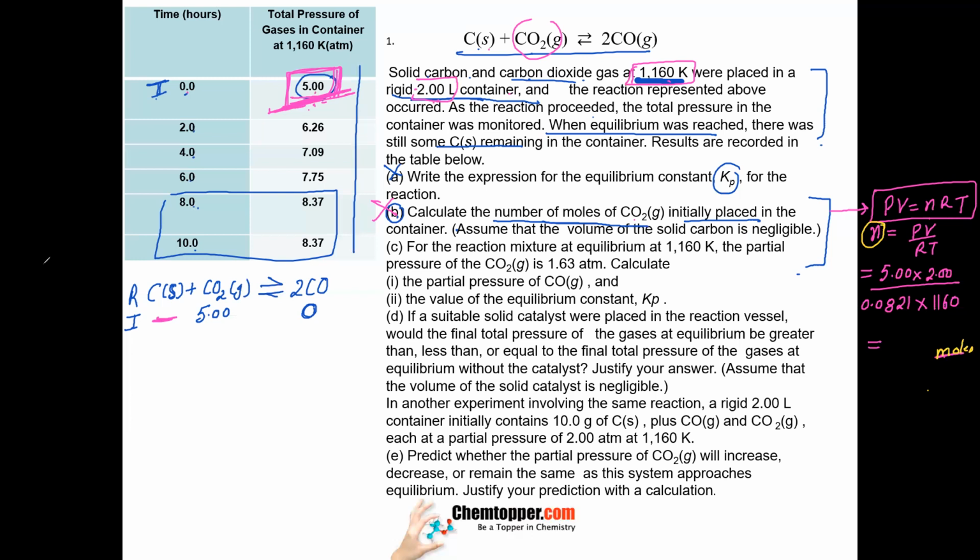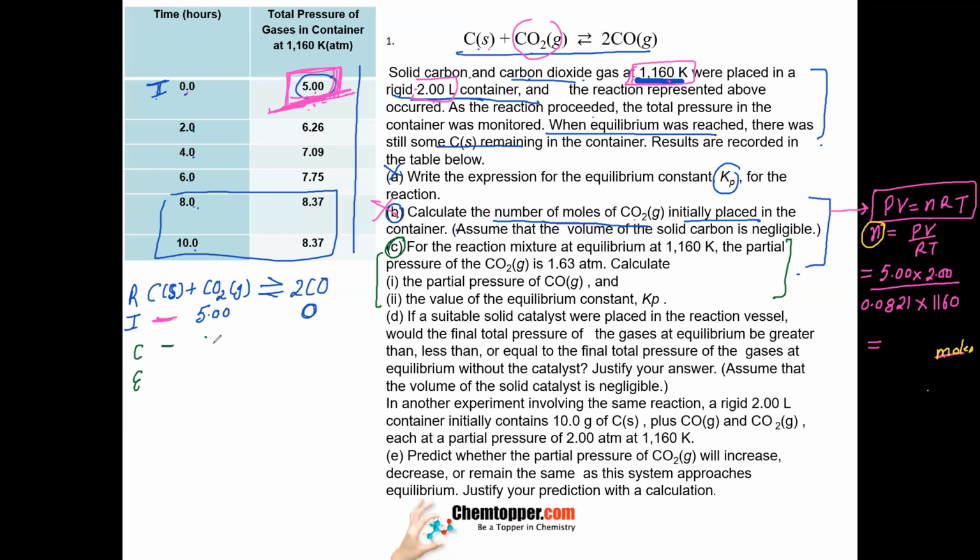Now let's do the C part. Read it very carefully and tell me, what are they saying here? What have you understood? Change, equilibrium. Let's complete the RICE table now. It is in terms of pressures. So this is solid.